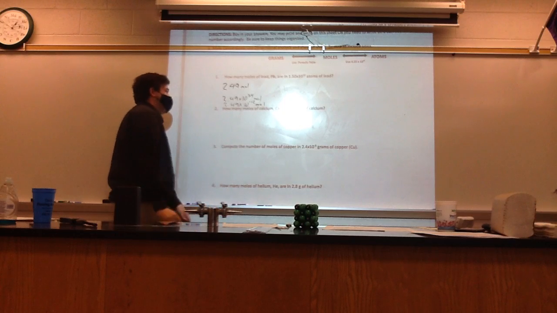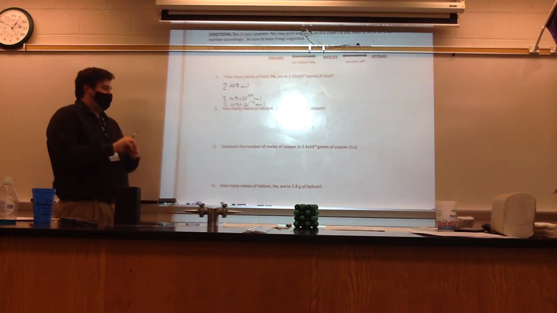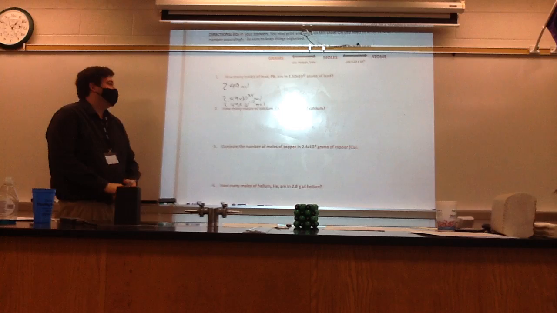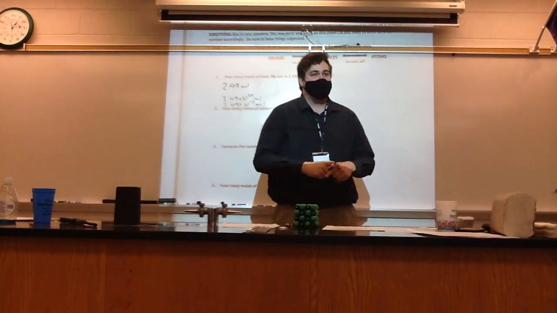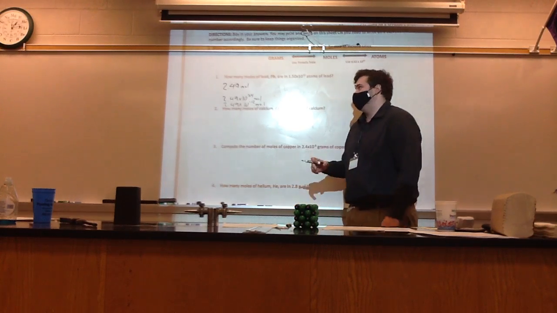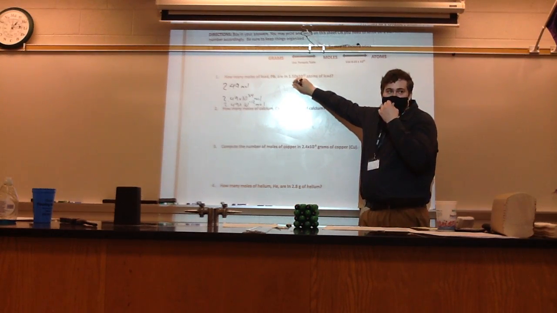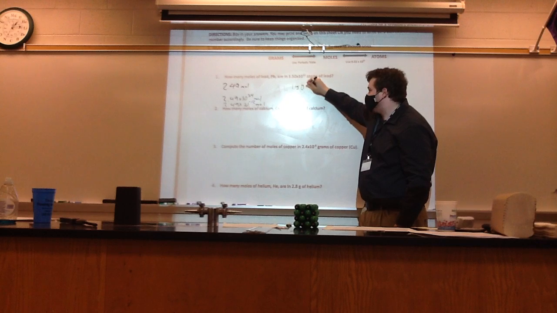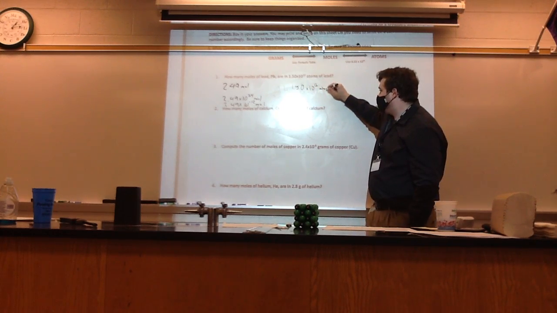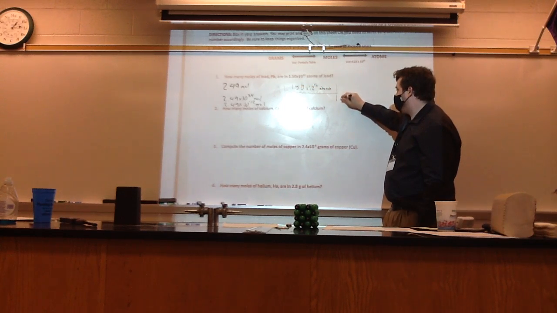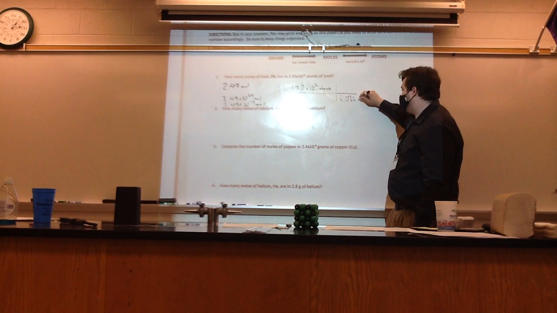All right. So what I can tell you is that one of these is definitely right. So we'll go through your processes here and compare. Let's start, Carson. What did you do for yours? I did 1.50 times 10 to the 12th divided by 6.022 times 10 to the 23rd.